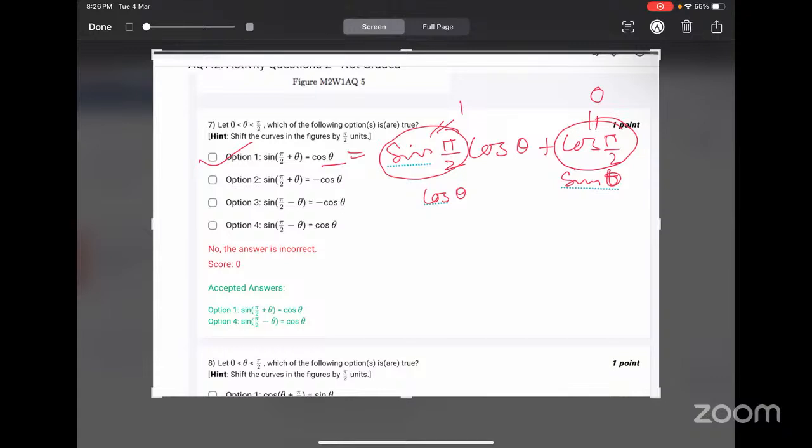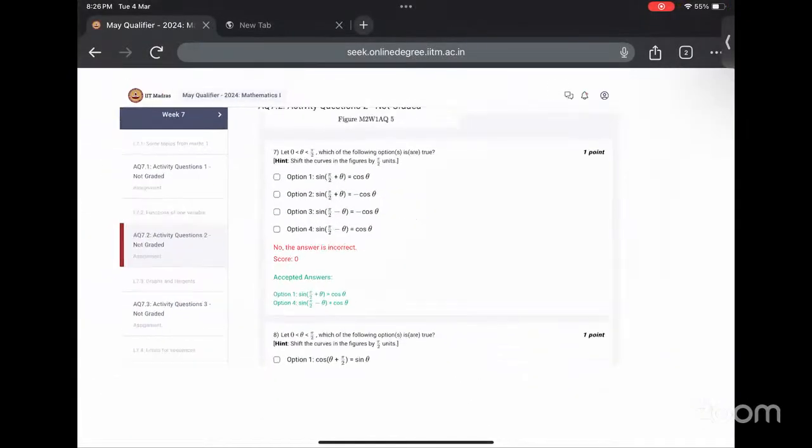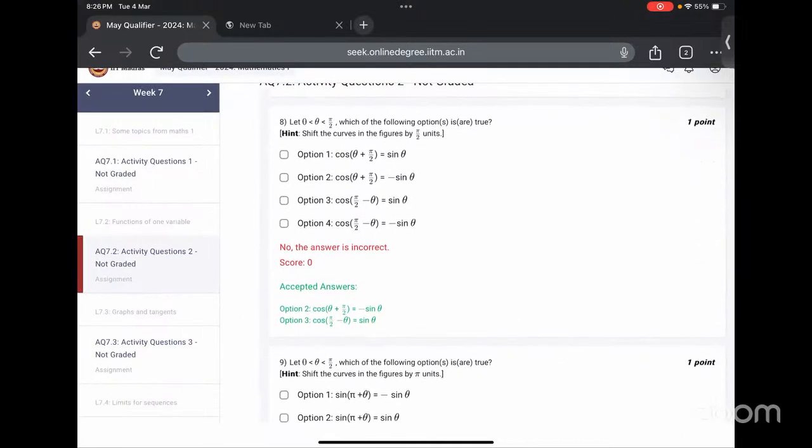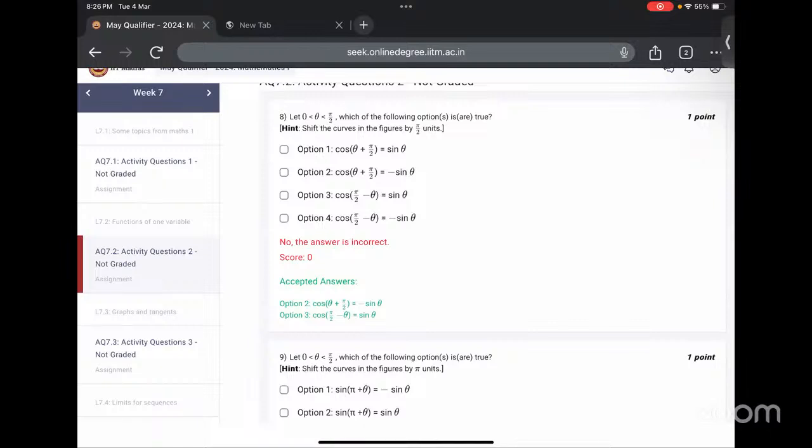Okay. So similarly, we can do the second one. You just guide me for the second one. Madam, your seventh question and my seventh question are different. Which one is the seventh in your portal?